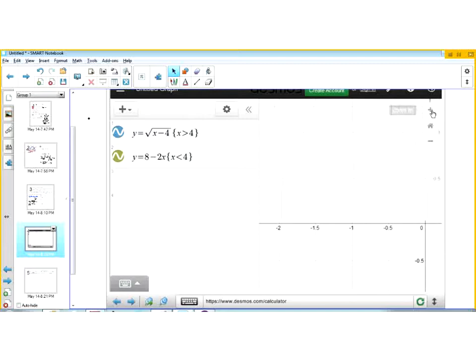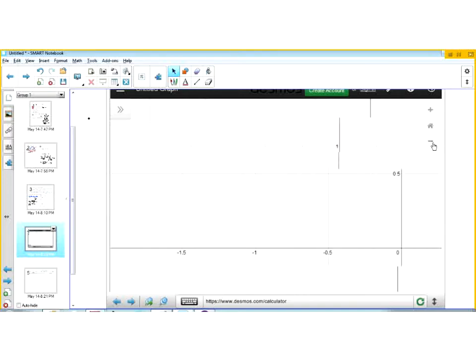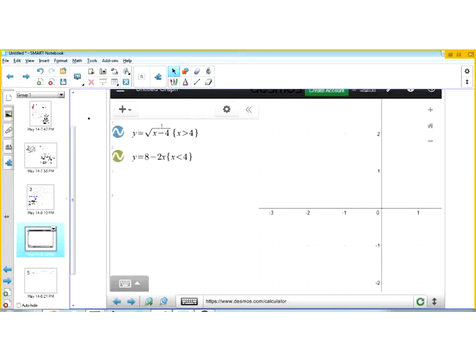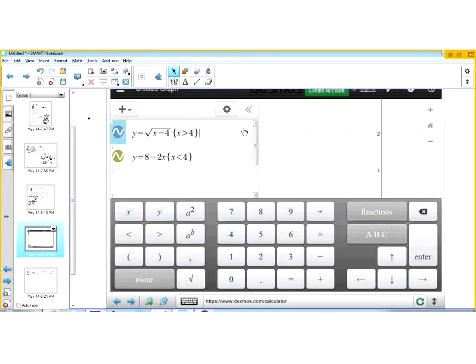Where is my graph? Zoom in, zoom out. Hello? I'm not seeing my graph. Why did it not draw my graph? Oh, this calculator has issues. Try it again. Okay, so we have y is equal to 8 minus 2x for x less than 4.